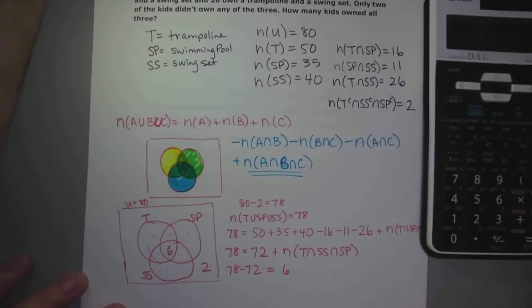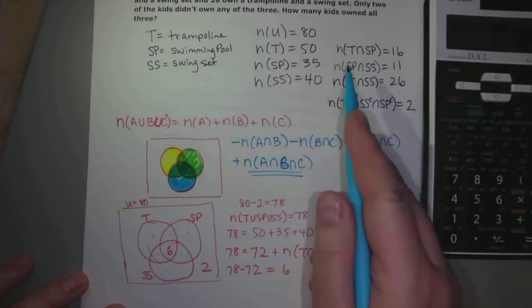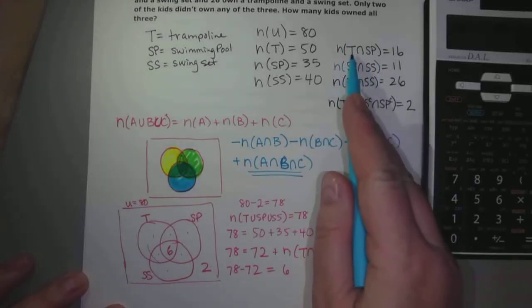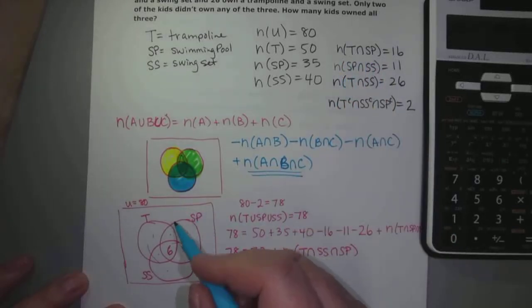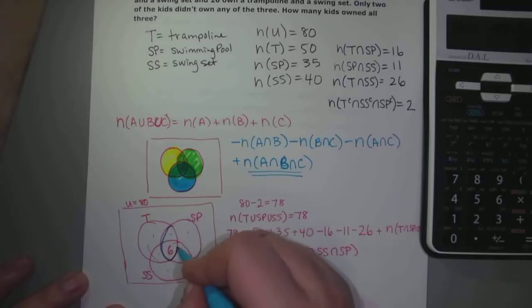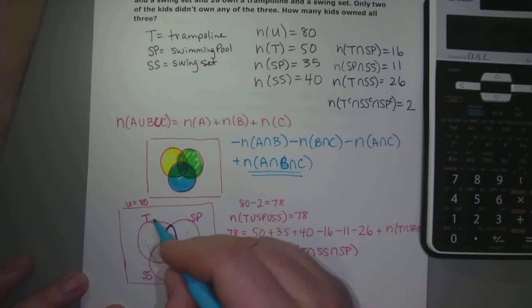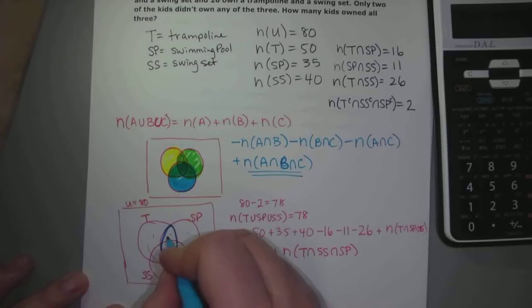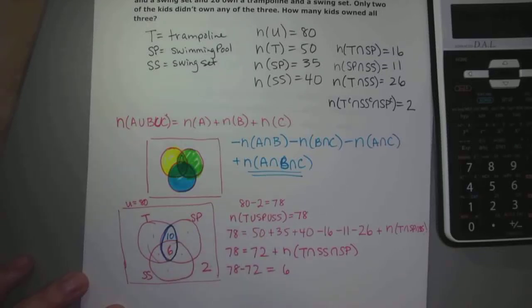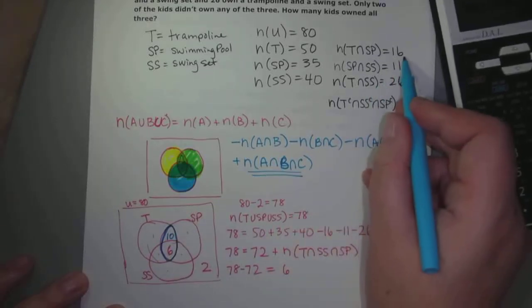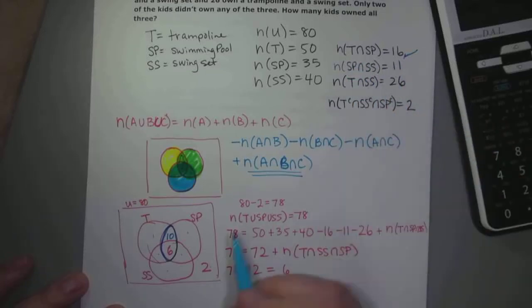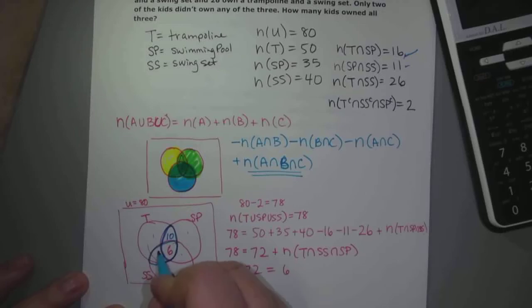So if you take our next intersection, so these intersections right here, this is T and swimming pool. So the trampoline and swimming pool have to add up to 16. We already have 6 in there, so that would be 10. Swimming pool and swing set, we have 6 in there. We needed to add up to 11, so 5.